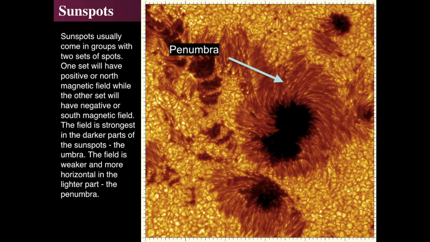Sunspots always come in pairs, where one is magnetic north and the other is magnetic south. We can imagine that underneath the photosphere there's something like those old bar magnets or horseshoe magnets, where one end is north and one end is south, and the magnetic field is poking out.